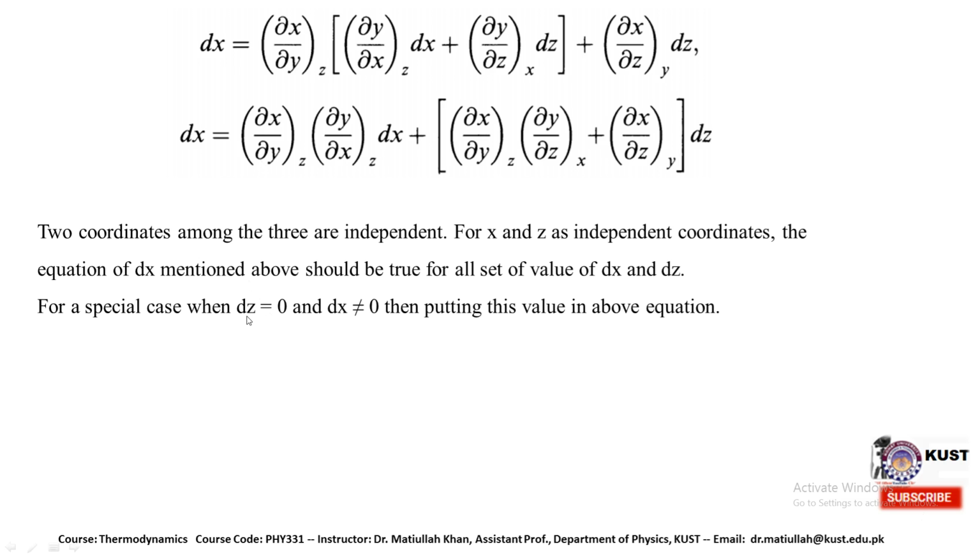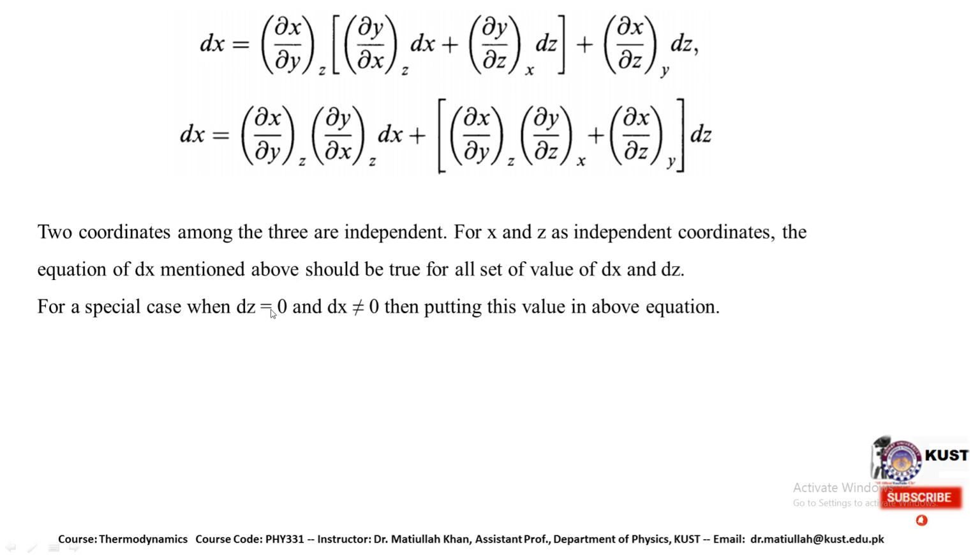Here the first case is when dz is equal to 0 and dx is not equal to 0. What will happen? If we consider that dz is equal to 0 and put it in this equation, this part of the equation will become equal to 0, and if dx has any particular value, this equation will have some value over here and some value over here.